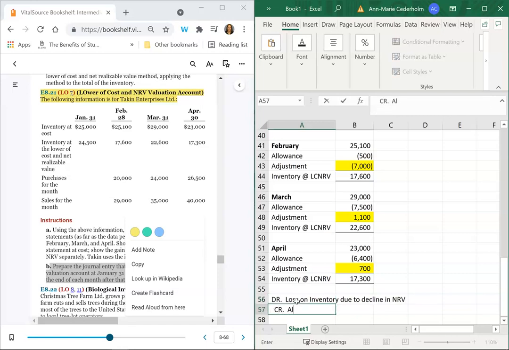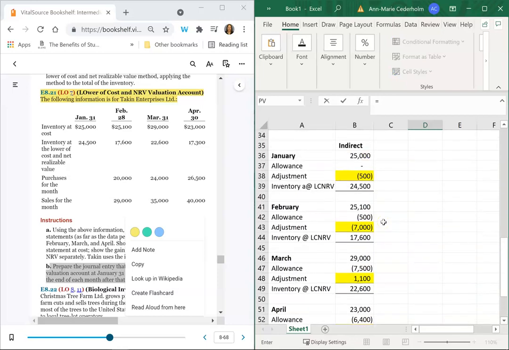And then we'll credit the allowance. So don't credit directly the inventory account. We'll credit the allowance to reduce inventory to net realizable value. And in January, the amount that we're doing is the $500.